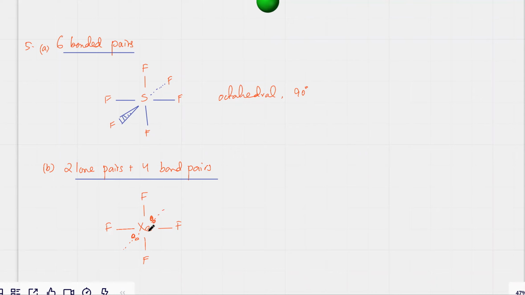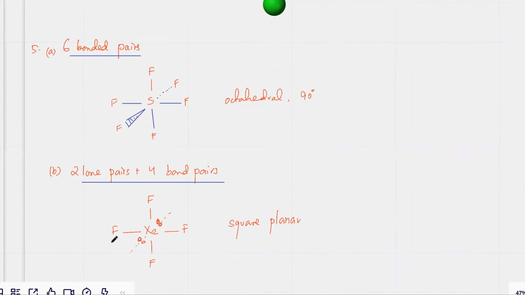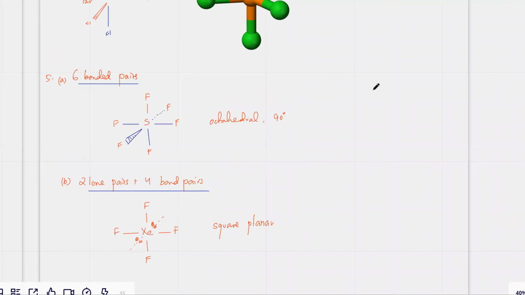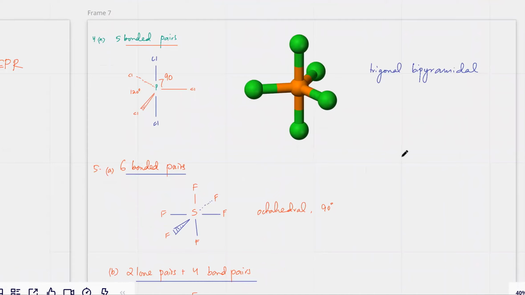Now the bonds behind and in front are missing because there is no atom attached on that side. So this would be called just square planar, because just 4 fluorines, 1 pointing upwards, 1 pointing downwards, 1 on the right, 1 on the left. So these are all your shapes that need to be memorized.